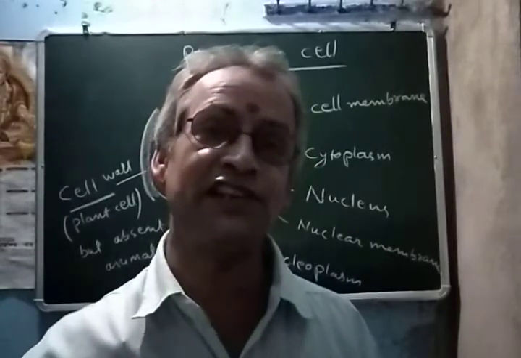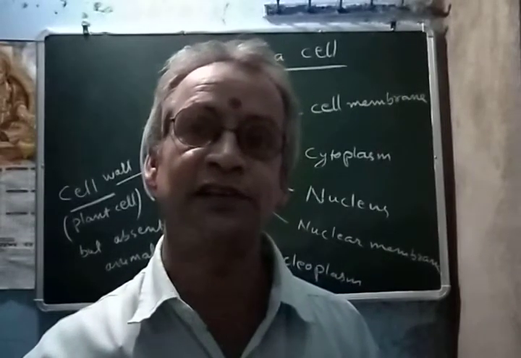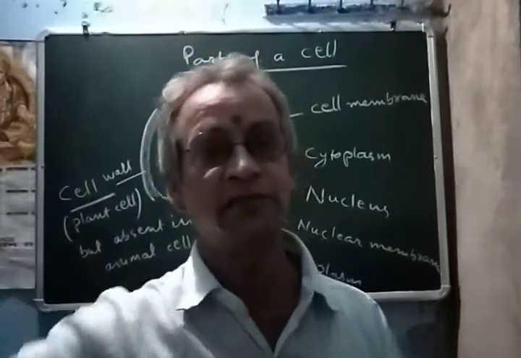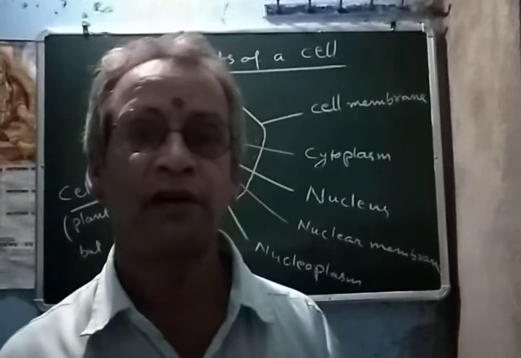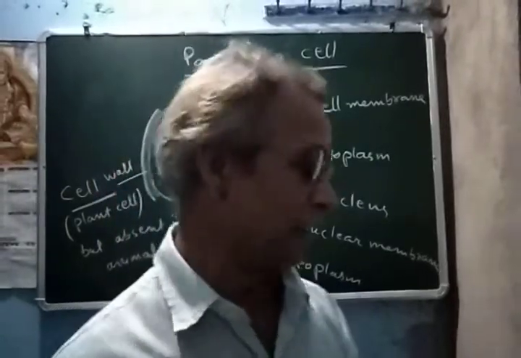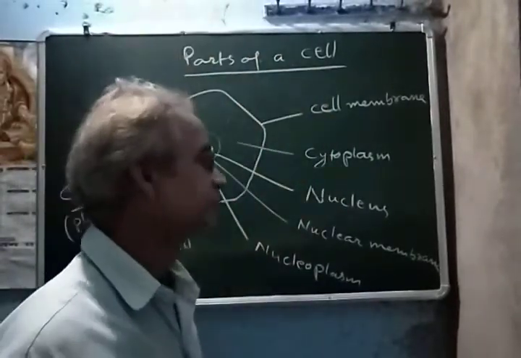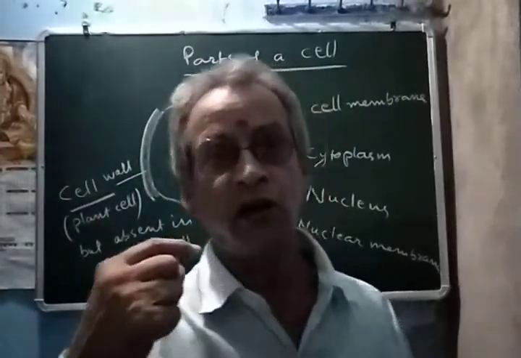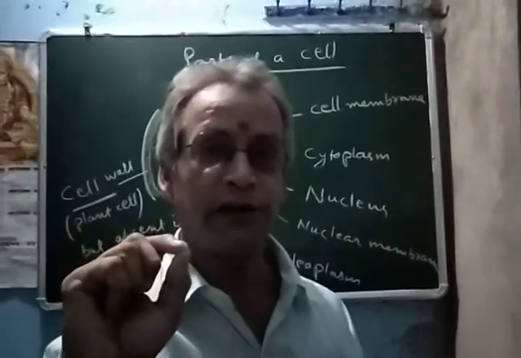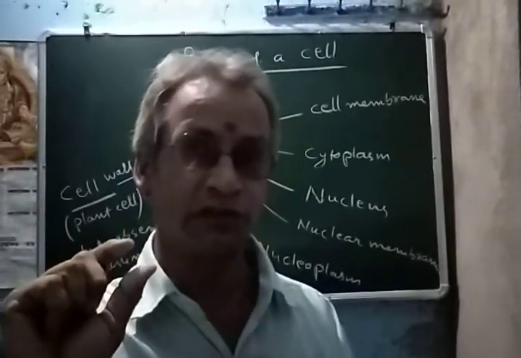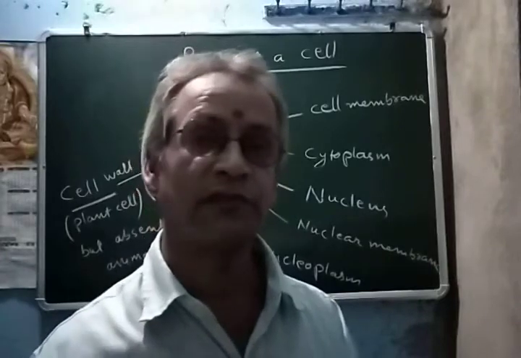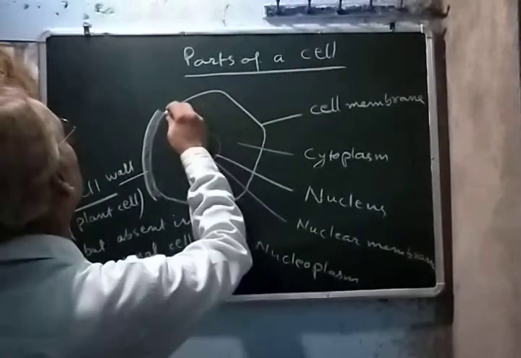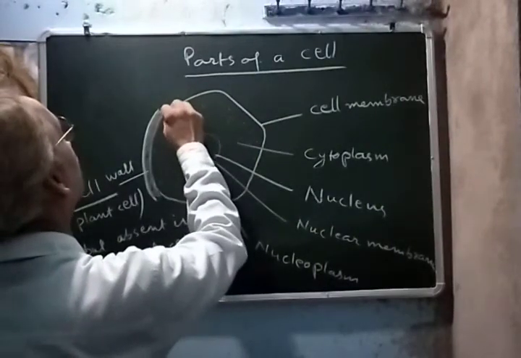We can easily see an animal cell in a microscope by scraping the cheek layer in our mouth cavity and viewing it under a microscope.